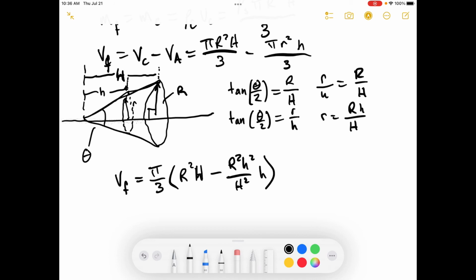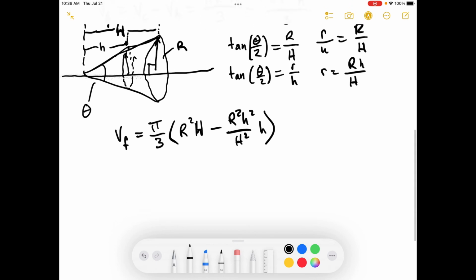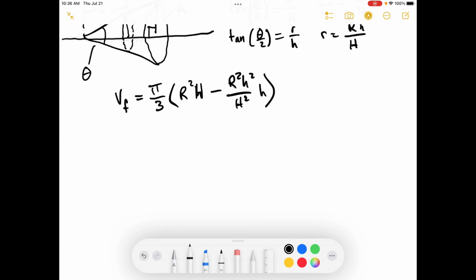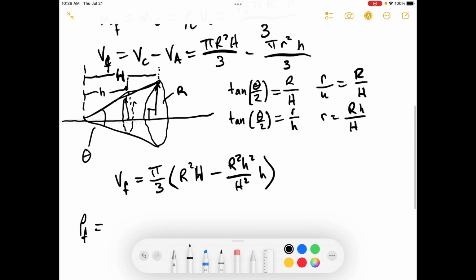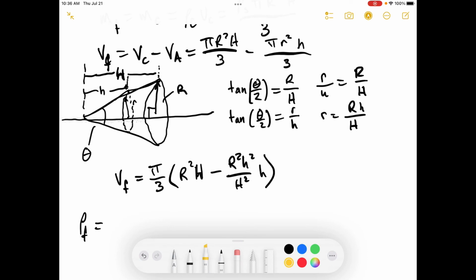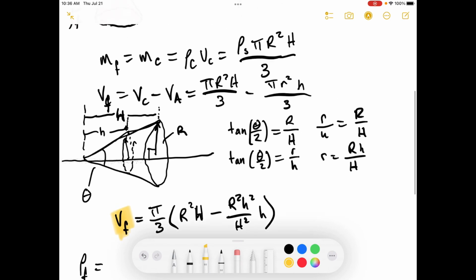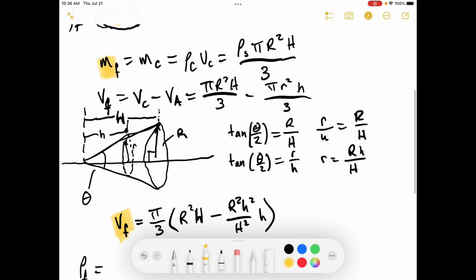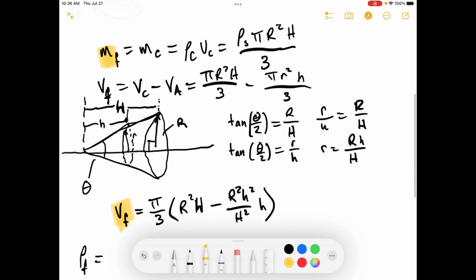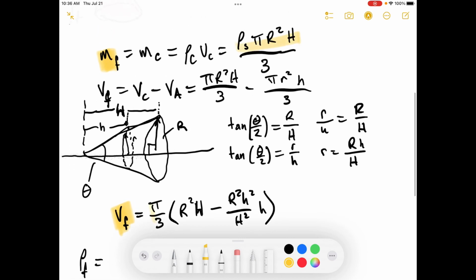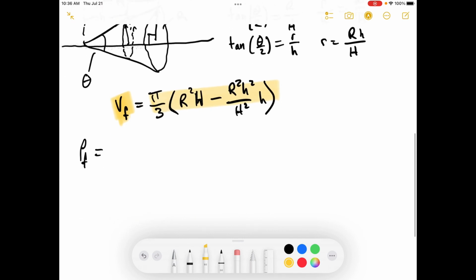And we just substituted little r into there that we just calculated. Okay, so now we're looking for the density of the fluid. So now we can substitute in our expression for the volume of the fluid and the mass of the fluid. These two expressions, this expression and this expression. Okay, so let's substitute those in.